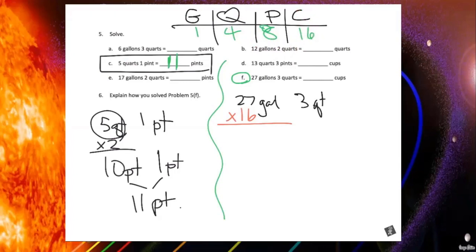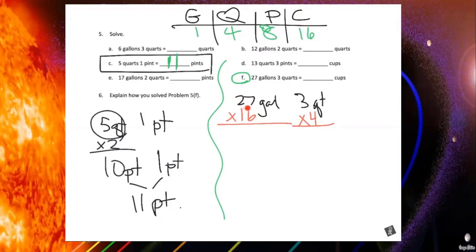So we're going to have to multiply 3 times 4, and that's going to give us our cups there. And 27 times 16 is going to convert the gallons into cups.